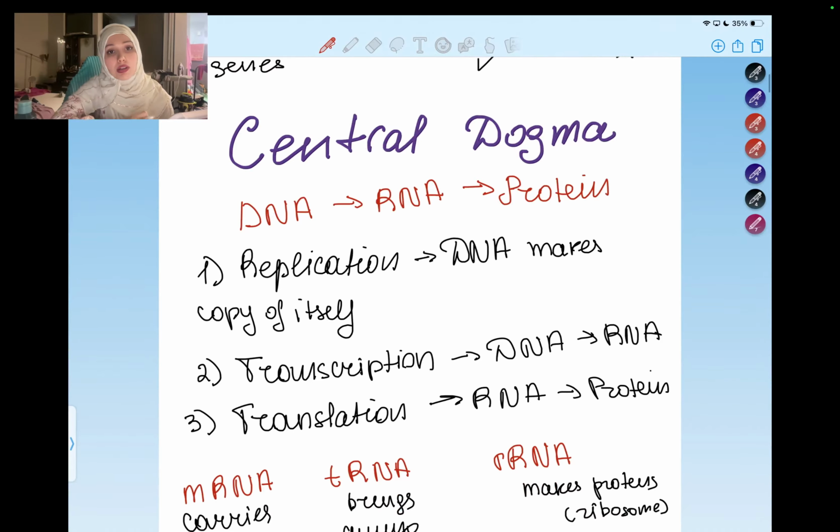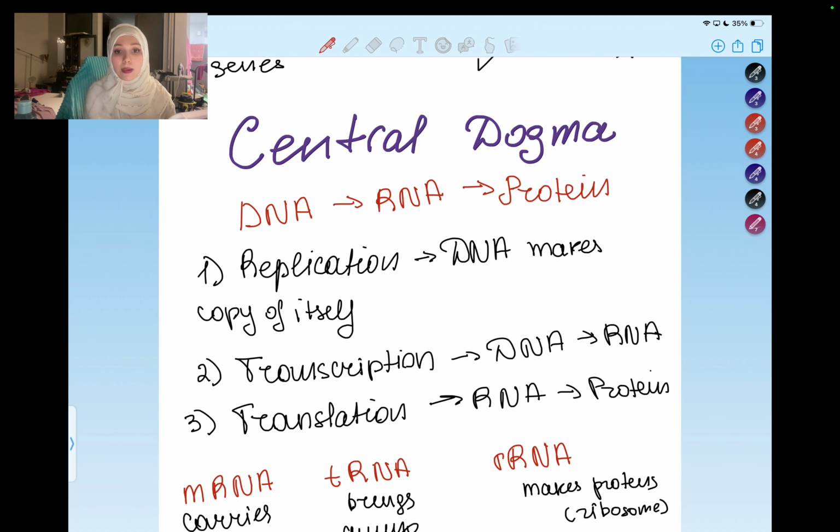Then we have the concept of the central dogma. DNA turns into RNA and RNA turns into protein. That is called the central dogma. First we have replication, where DNA makes a copy of itself, because DNA is kind of untouchable, so it makes a copy of itself so that it is not harmed.